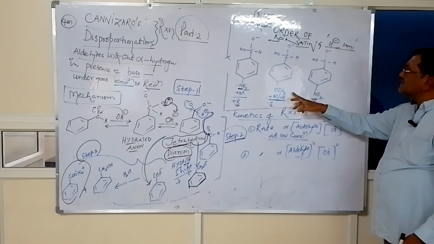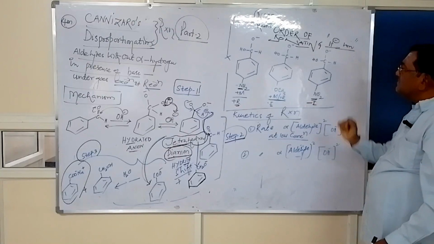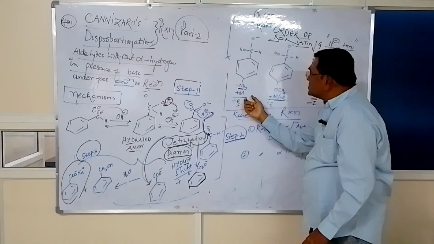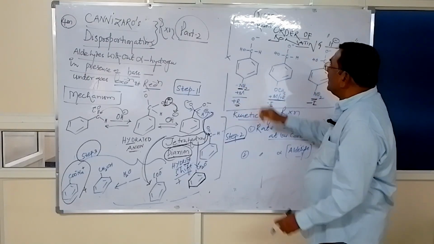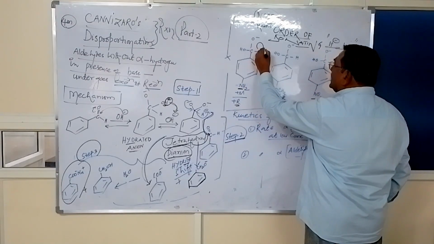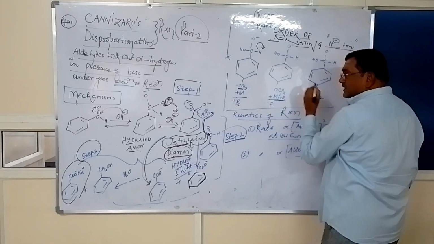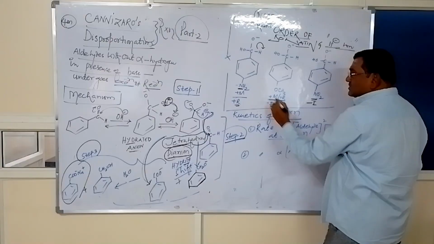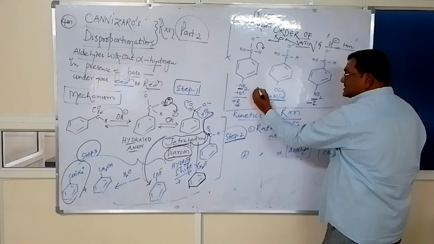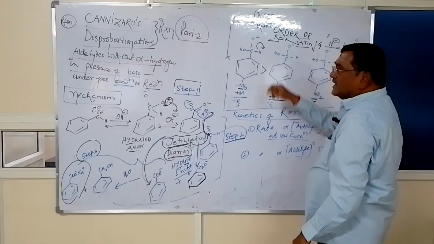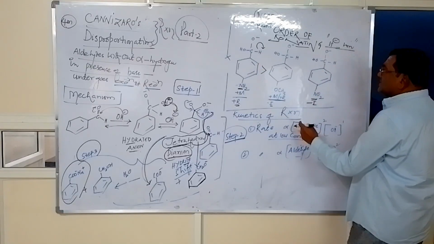All of these are going to undergo resonance. The amino group activates the ring and makes it donate hydride ion very rapidly, because its plus M effect is greater than the methoxy group's. That's why it's going to be the best hydride donor.